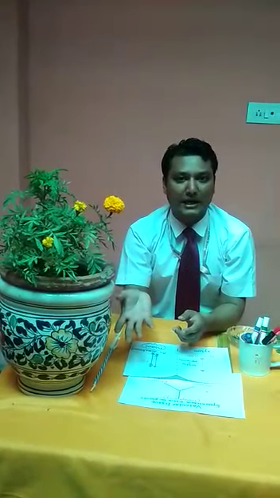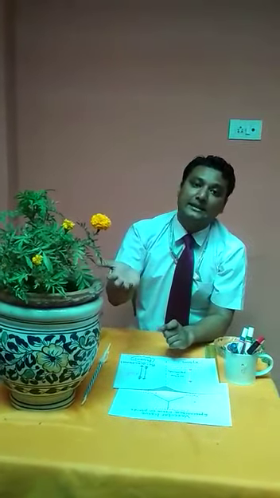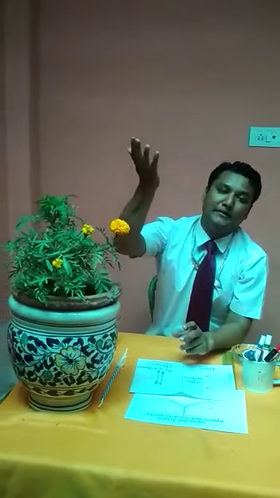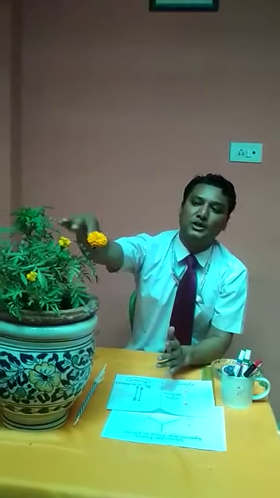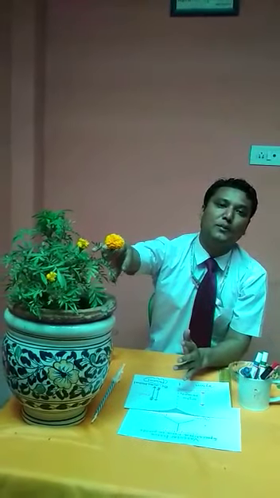Root hairs absorb water and minerals from the soil as they are in direct contact, and xylem takes these minerals and water up and gives it to the parts of the plant. On the other side, the food which is synthesized in the leaves is transported inside the plant with the help of another vascular tissue called phloem. The direction of phloem is bidirectional. The food is transported to all parts of the body from leaves.